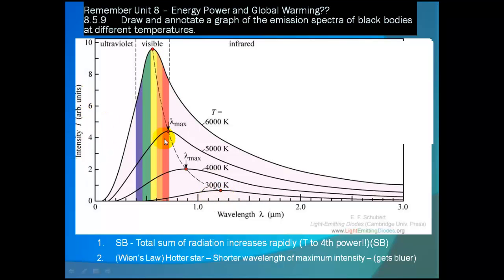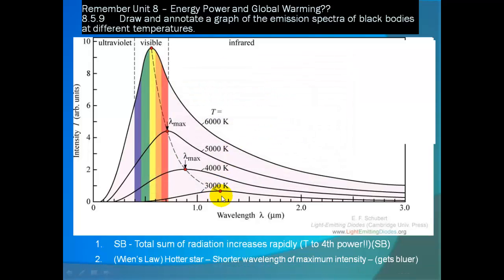The second factor is, as the temperature increases, the wavelength of peak emission is going to get shorter and shorter. For example, when we have a 3000 Kelvin body, the wavelength of maximum emission is going to be 1.2 micrometers.